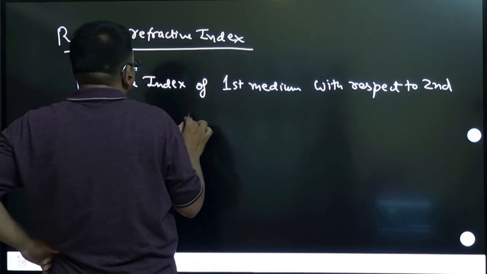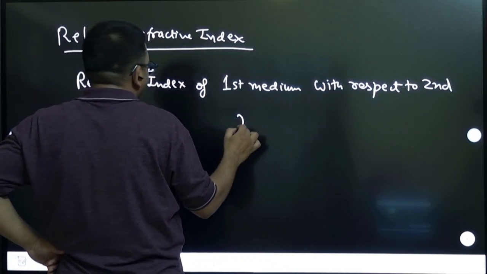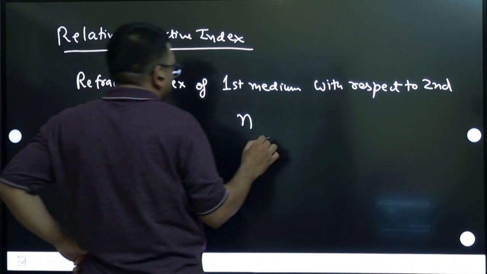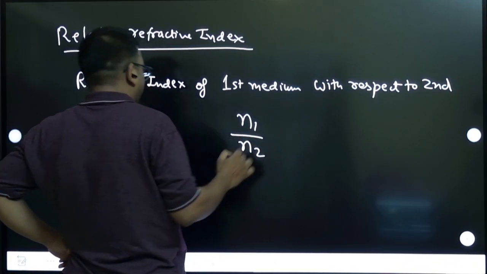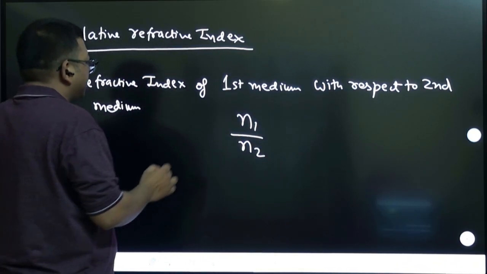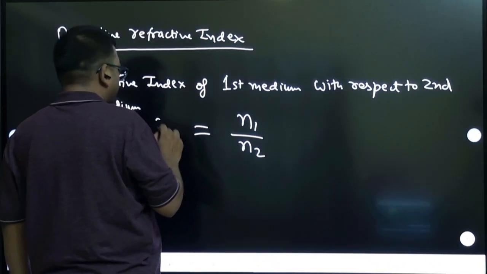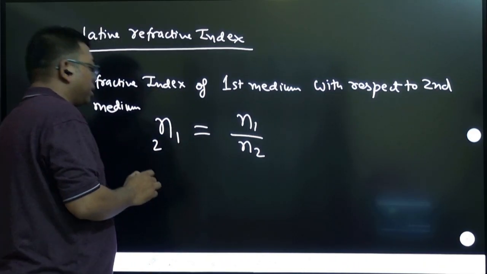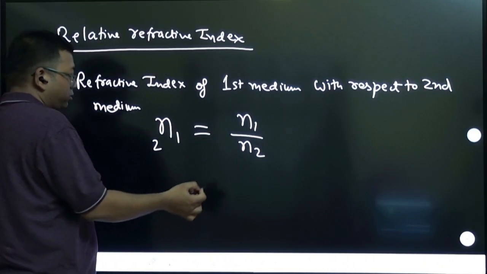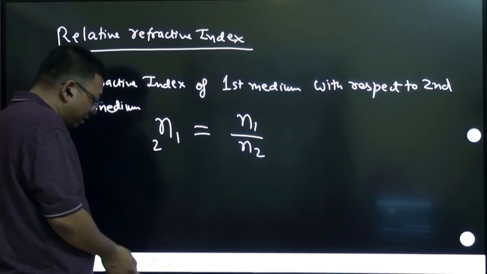It is denoted as n1 by n2, and sometimes it is written as n21. n21 means n1 by n2. In textbooks they write like this.